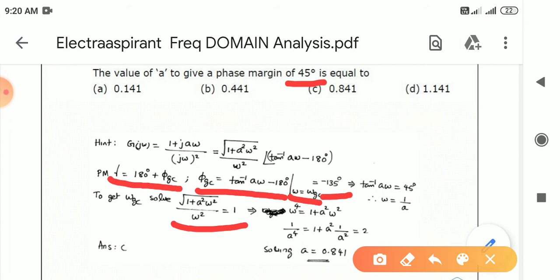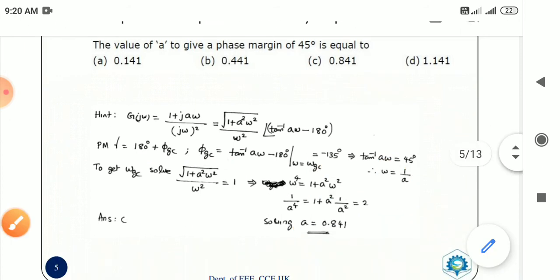Now from the magnitude part equated with 1, we can make another expression, that is omega raised to 4 equal to 1 plus a square omega square. Now by substituting this relationship there, we can find the value of a as 0.841. That is, the answer becomes C.